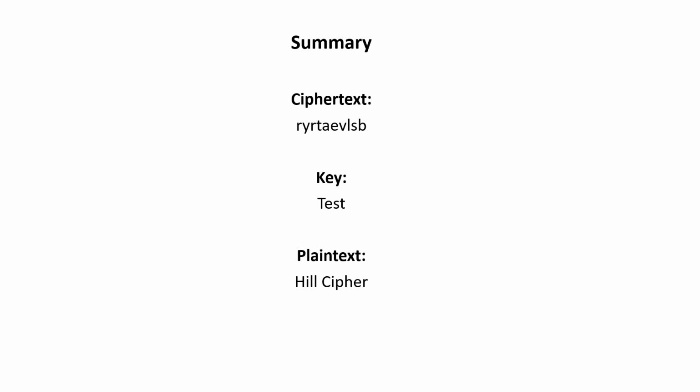So that was the plaintext that we started with. Using encryption, we got the ciphertext, and using the ciphertext, we got the plaintext back. And it is not that surprising that it worked well. That means that the algorithm for Hill Cipher works as expected.